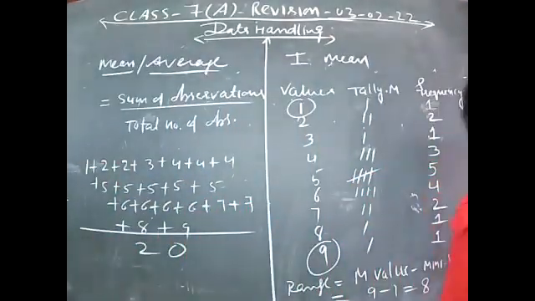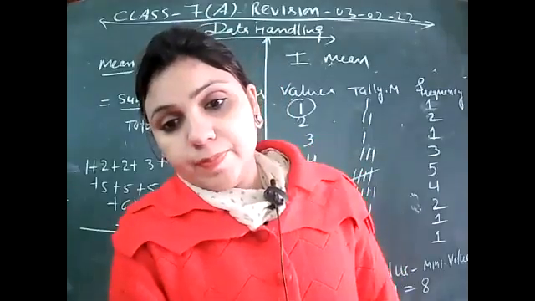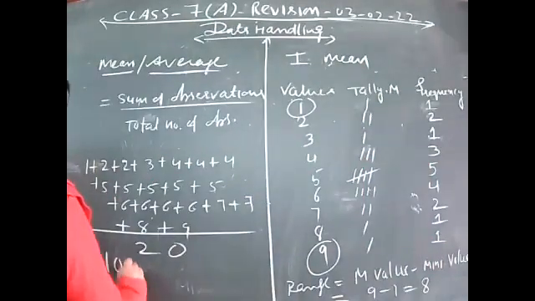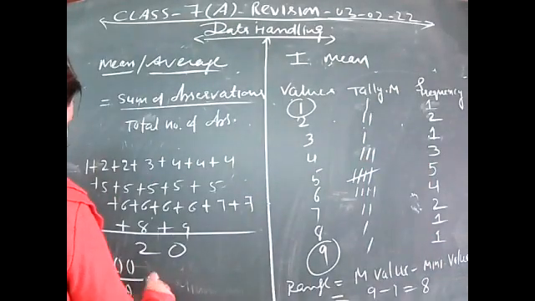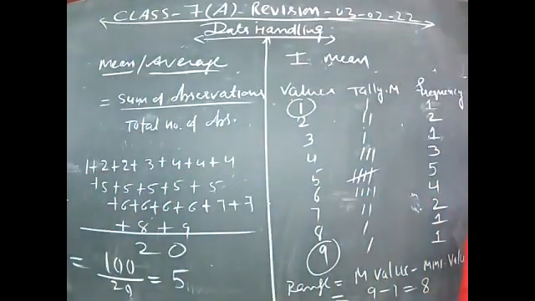Sum of all observations over total number of observations. Adding all these, you will get it to be 100 upon 20. Solving it, you will get 5. So mean of the data comes out to be 5.